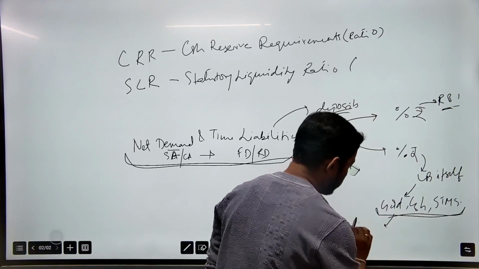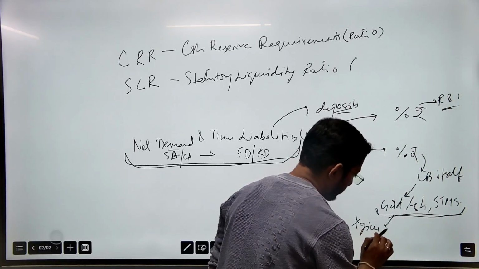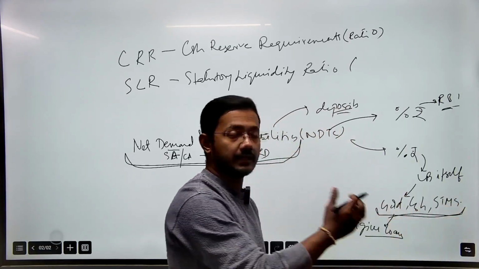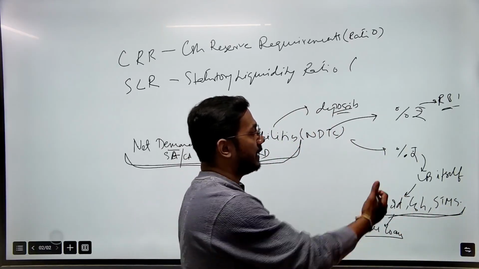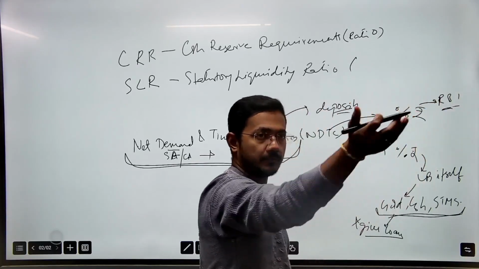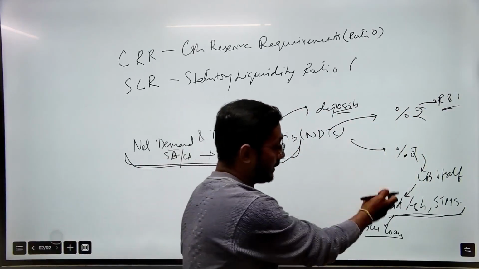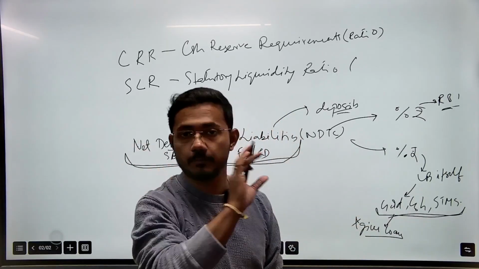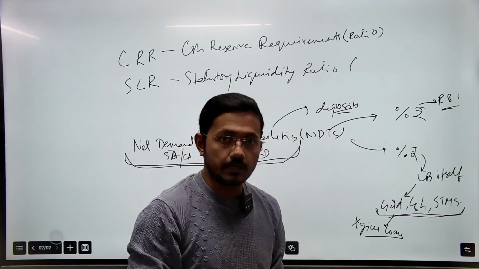From this fund, it cannot give loans to the public. From the fund already with the RBI, it cannot give loans. This money is with the commercial bank itself, but it cannot lend it. That's a strict guideline by the RBI.